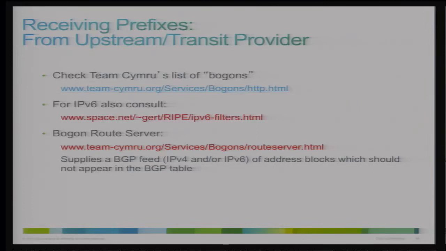The same set is available for IPv6. That same website also provides a route server that advertises bogons. So why use it? Instead of constantly updating the list, even though it's a short list, you can dynamically update it by getting the lists from their route servers.